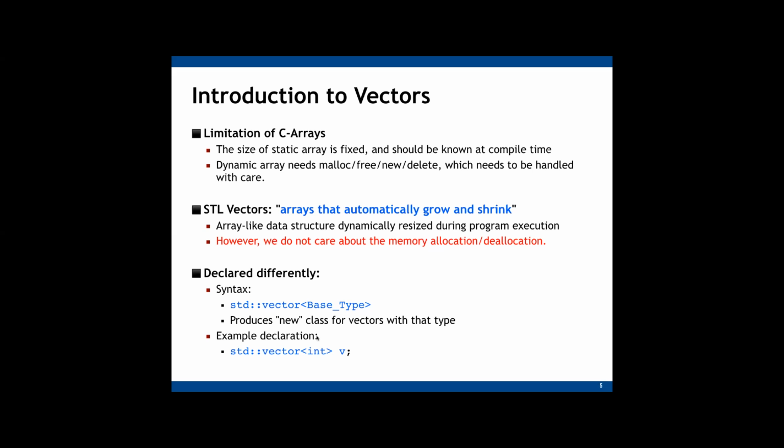For example, here we specified int, so the compiler will create a vector class that works with int values. And because vector is placed in the std namespace, you have to specify std and the scope resolution operator like this, or you can just write using namespace std at the top of the file and remove the std:: prefix.